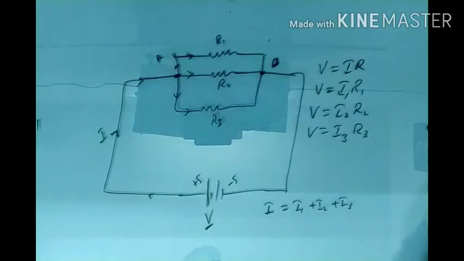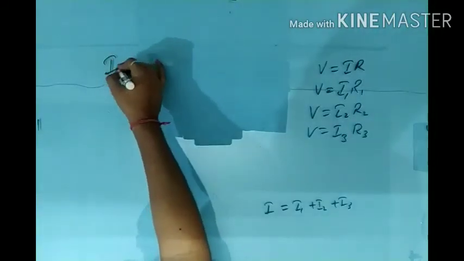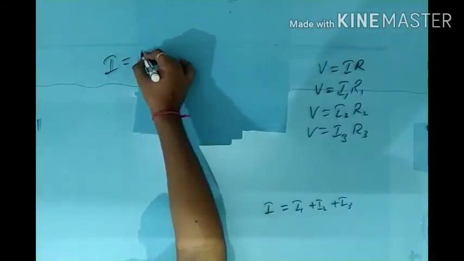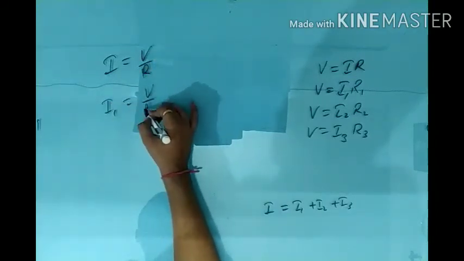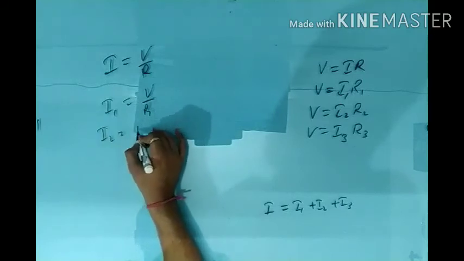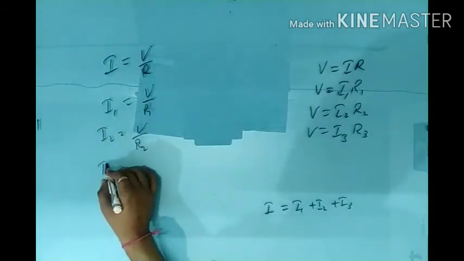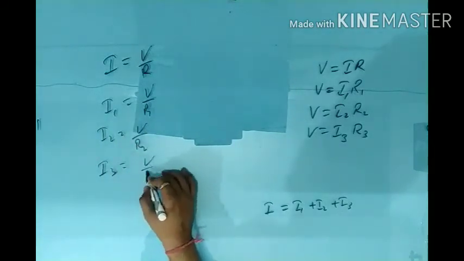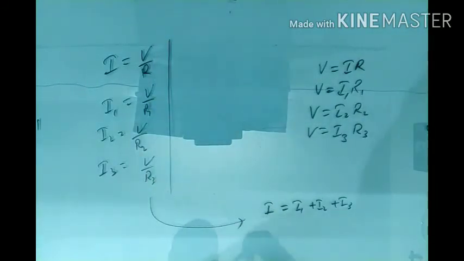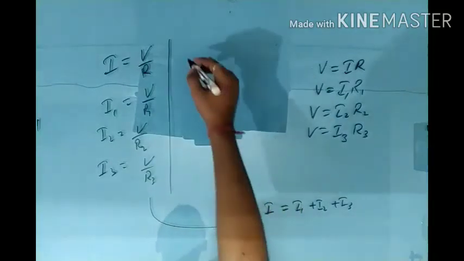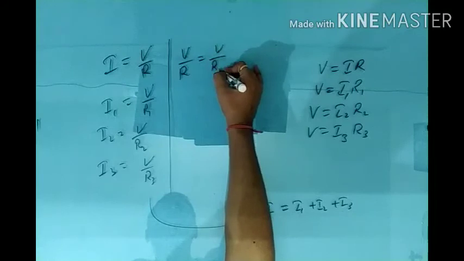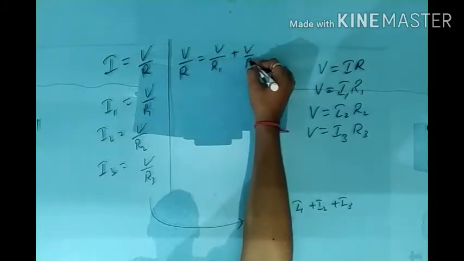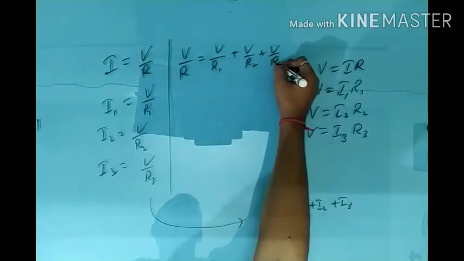According to this, I is equal to V by R, I1 is equal to V by R1, I2 is equal to V by R2, I3 is equal to V by R3. Now substitute these values in this equation. We get V by R equal to V by R1 plus V by R2 plus V by R3.